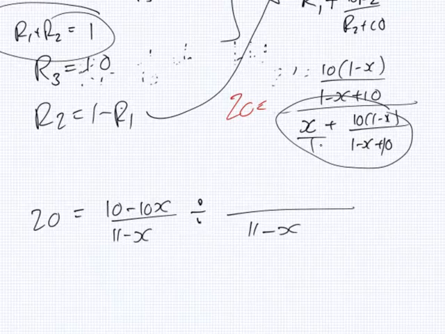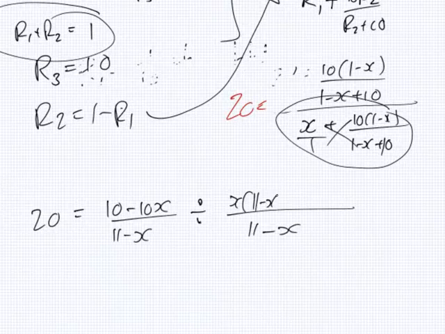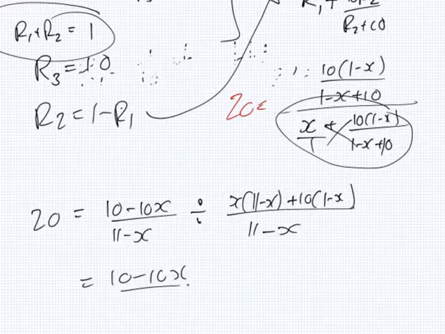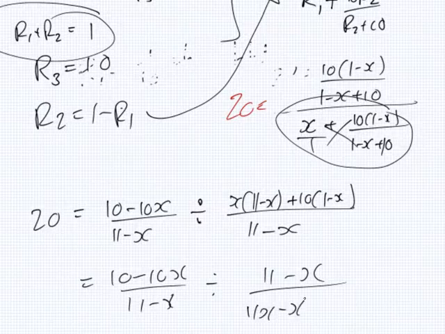And then we have this one times this one, so that would be x times 11 minus x plus 10 times 1 minus x. So that would be 10 minus 10x over 11 minus x, divided by 11 minus x over 11x minus x squared plus 10 minus 10x.